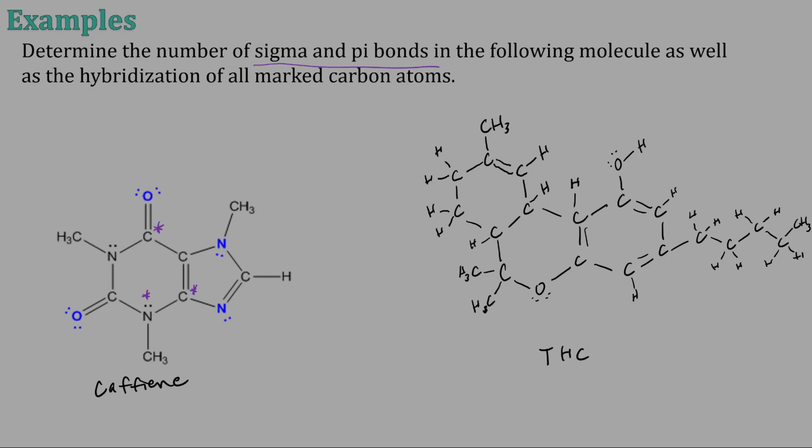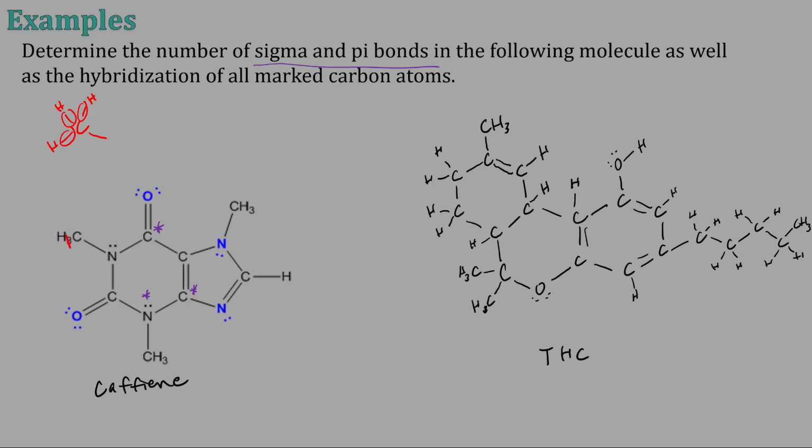So, if I'm going to count the number of sigma bonds, I know that this was reduced to CH3 to save space. So when I look at that CH3, I know that there's 3 sigma bonds here. So I'm going to count that.